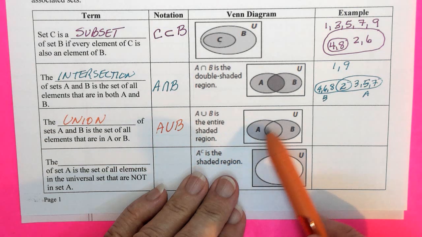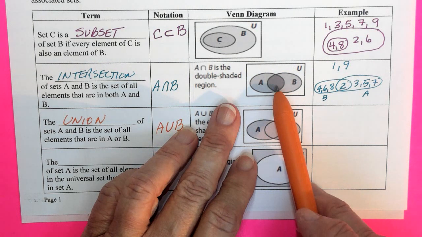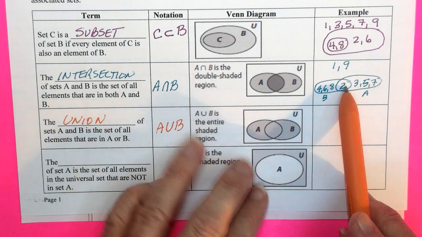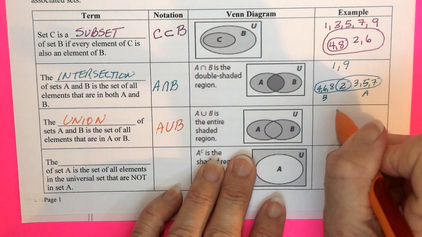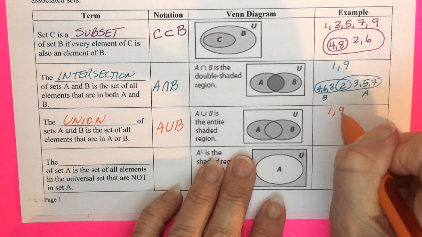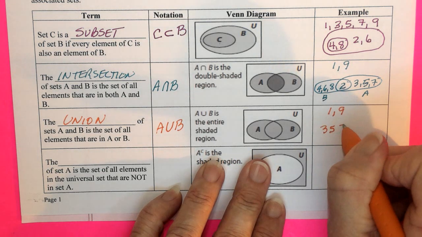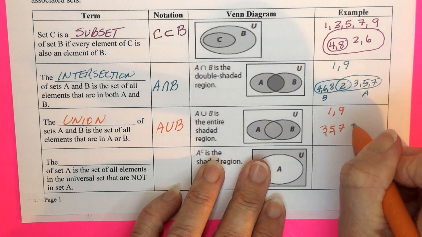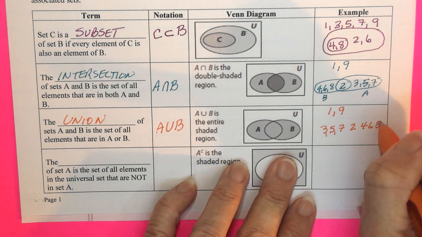So you see how everything got shaded versus above it. We were just talking about this darker area, the intersection, which was the number 2. So now A union B will be everything here. When I go and write that, 1 and 9 are the only 2 that aren't used, but we have 3, 5, 7, 2 is still here, 4, 6, 8.